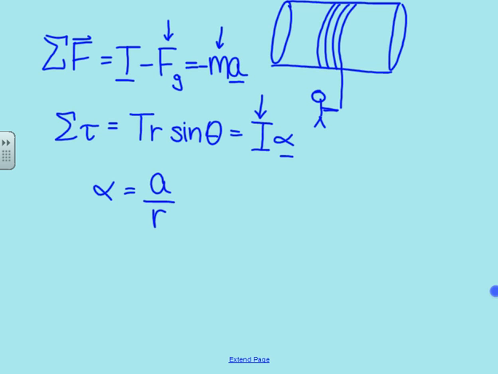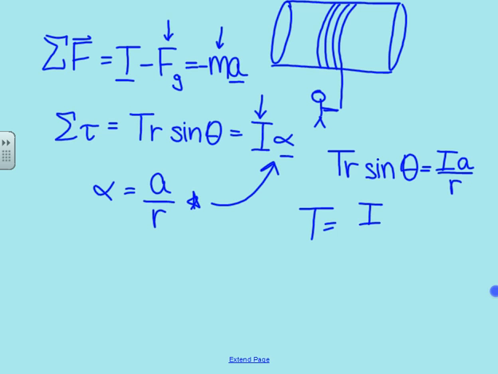So let's put this all together. The first thing that I'm going to do is substitute in this equation into there. So that I have tension times radius times sine theta equals IA divided by R. Now I only have two unknowns in that equation. I'm going to solve this equation for T, the tension, to plug it into the net force equation.